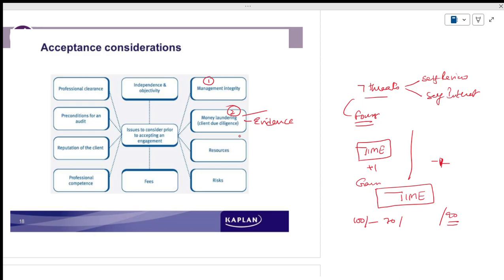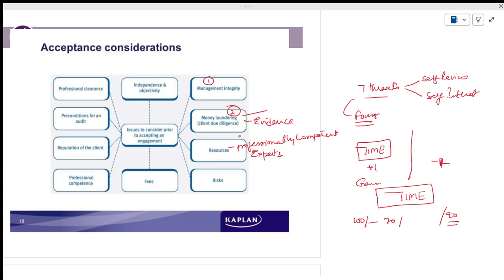Second, do you have enough resources? Are we professionally competent or not? That's very important. And most importantly, to do auditing for any specialized services, we need the service of experts.